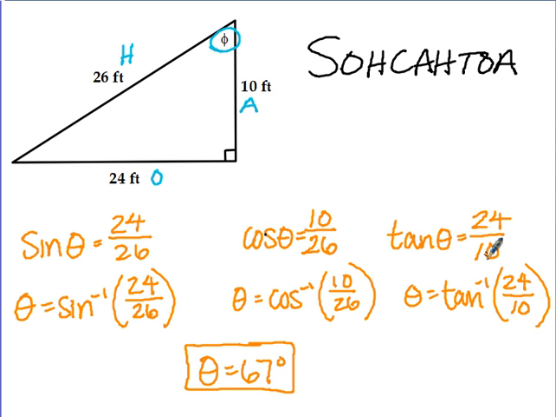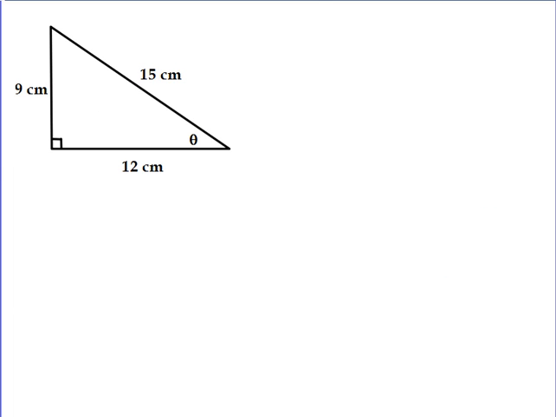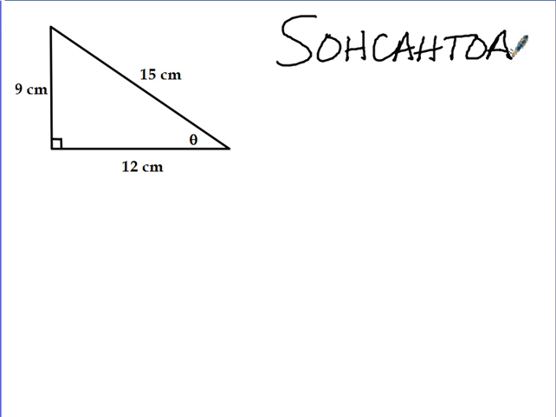So there's another example here of where you're given all three sides. So I'll show you how to set up using sine, cosine, or tangent. So again, let me write SOHCAHTOA here because I forgot. So if I'm looking at my angle, this would be opposite, adjacent, hypotenuse.